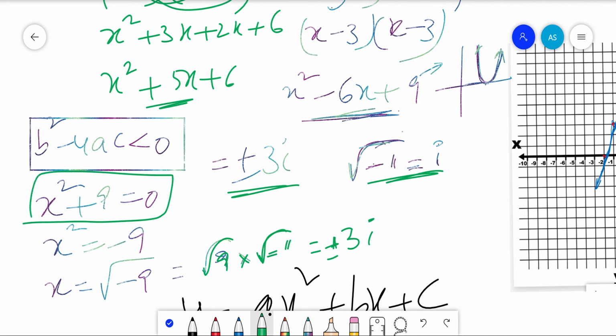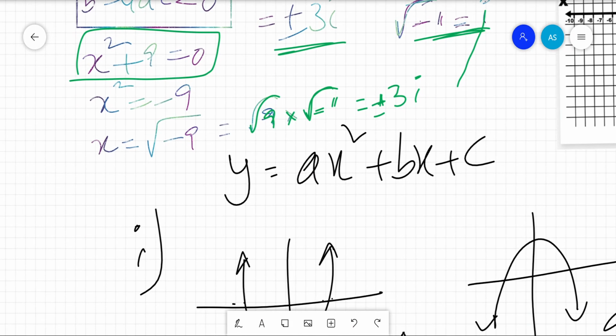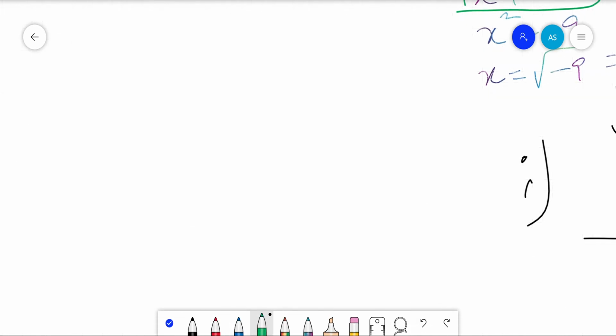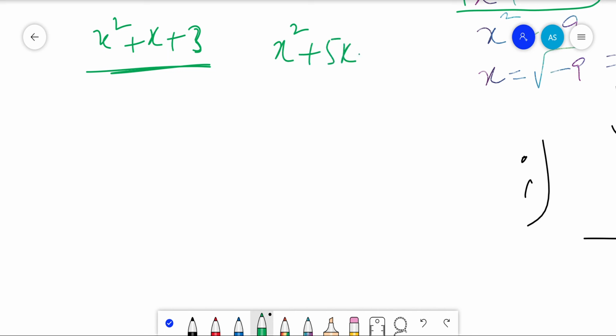Like that, if you want some more examples, we can discuss that. x square plus x plus 3 is a polynomial that has no zeros. So simply one more example, x square plus 5x plus 7 also has no zeros. Okay.